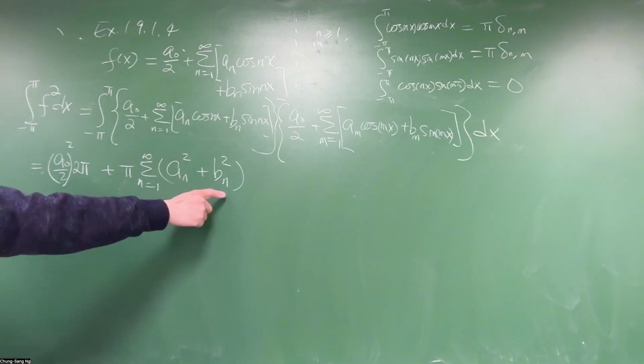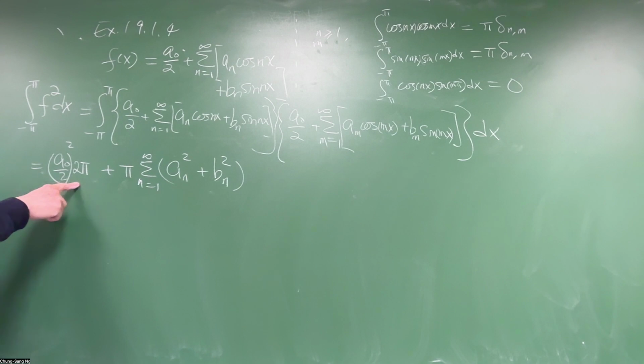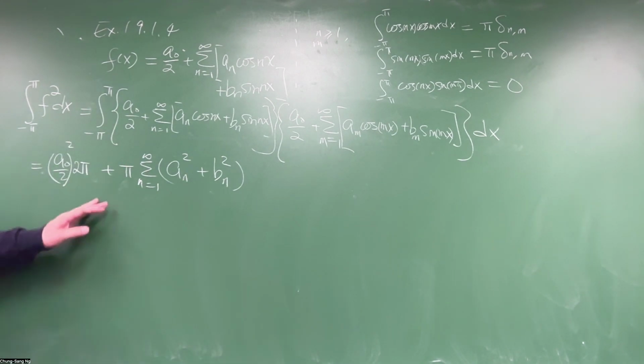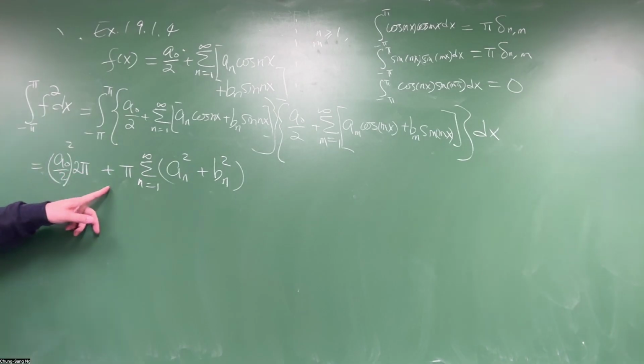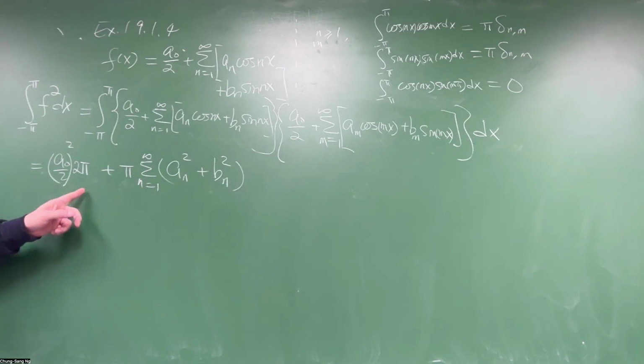For this a sub n, b sub n, this is pi, and for the zero term it is actually 2 pi. So the Fourier series using sine and cosine has this kind of thing. You need to be a little careful. The zero order term and the rest are not exactly the same.